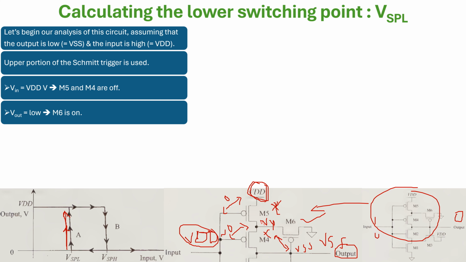Remember, from now on, I'll not be repeating it: when I talk about VTH of PMOS, I'm taking the absolute value of VTH. I don't even mention it. Now VSG is bigger than VTH of M6, so naturally it is turned on.